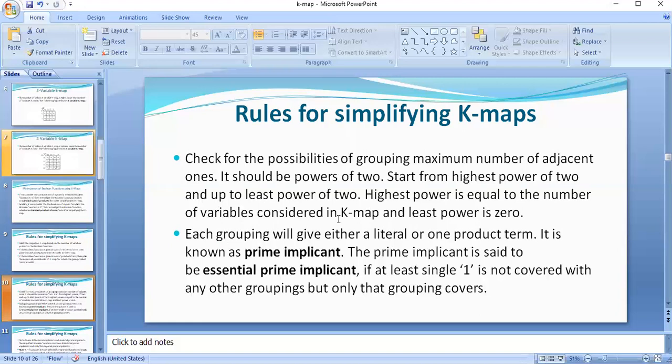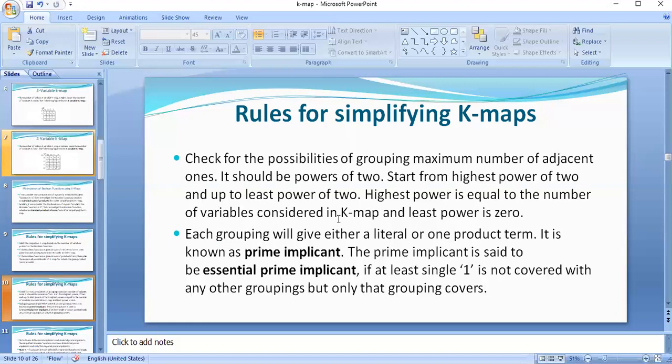First, what is the definition of prime implicant and essential prime implicant? After grouping 2, 4, 8 or 16 variables, that product term is called a prime implicant.